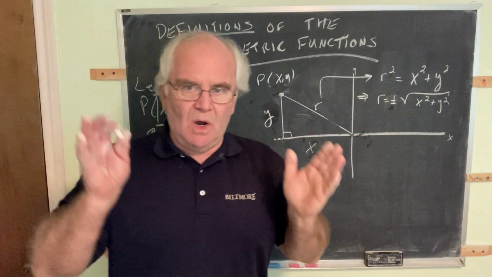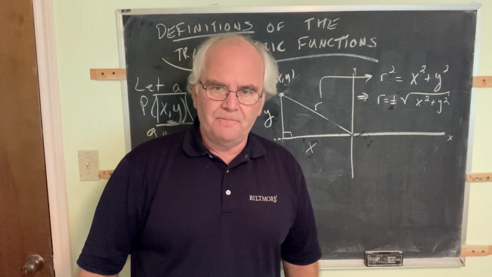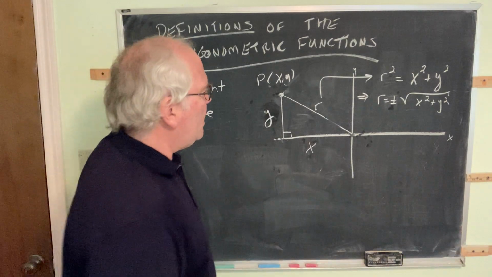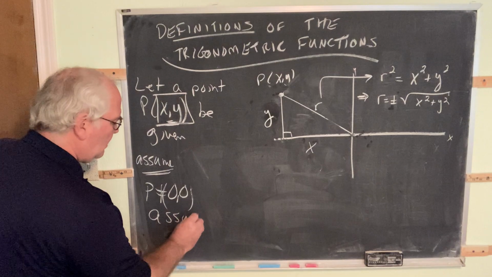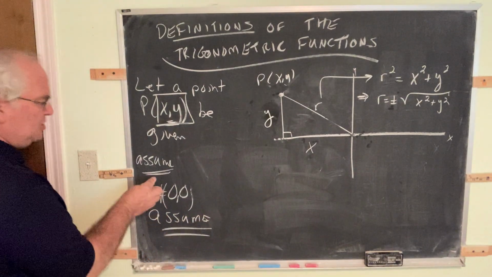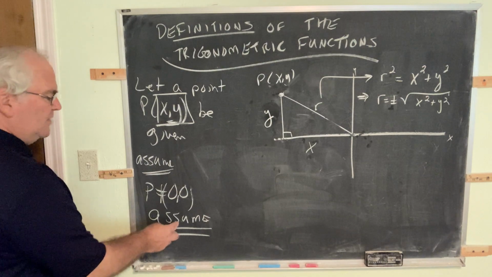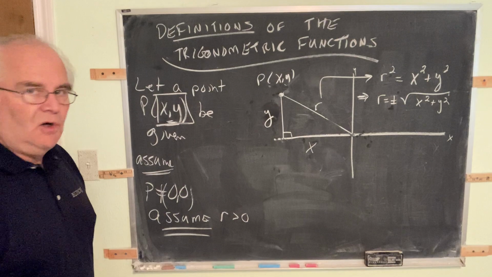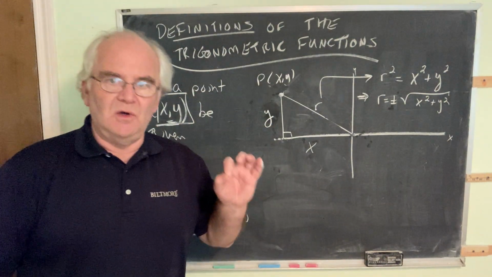However, we will do this once, forevermore, and then we won't have to deal with it ever again. When we do this construct, we make one assumption: the point we choose is not the origin. The other assumption is that r is greater than 0.